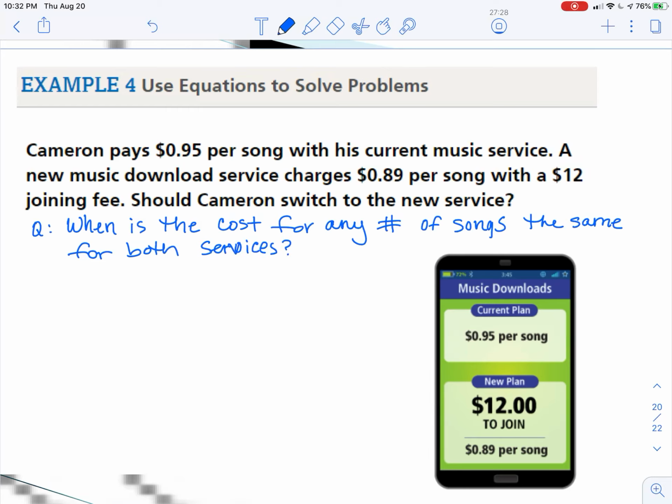That's the question. Okay, so what we want to do based on that question, here's what I'm basically asking. I'm going to set up my new music service, and I'm going to set that equal to my current, or Cameron's rather, music service.